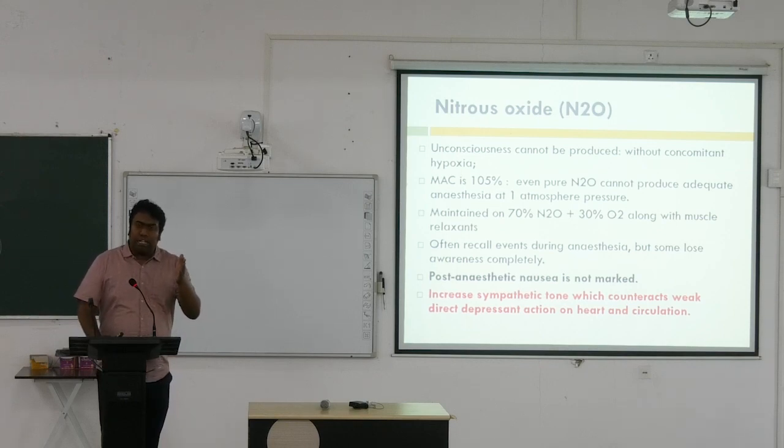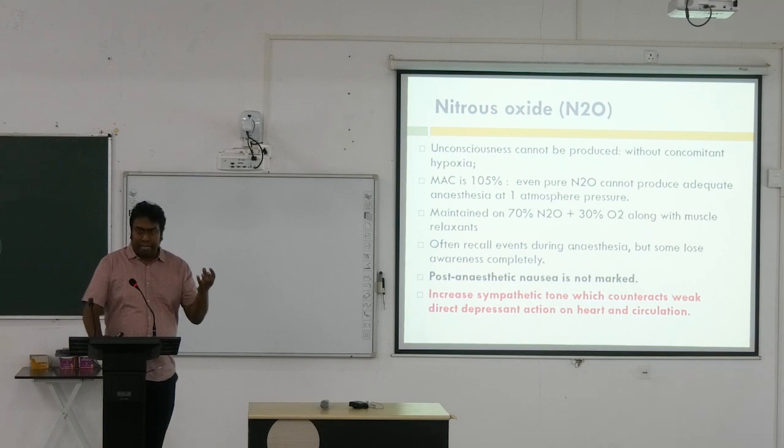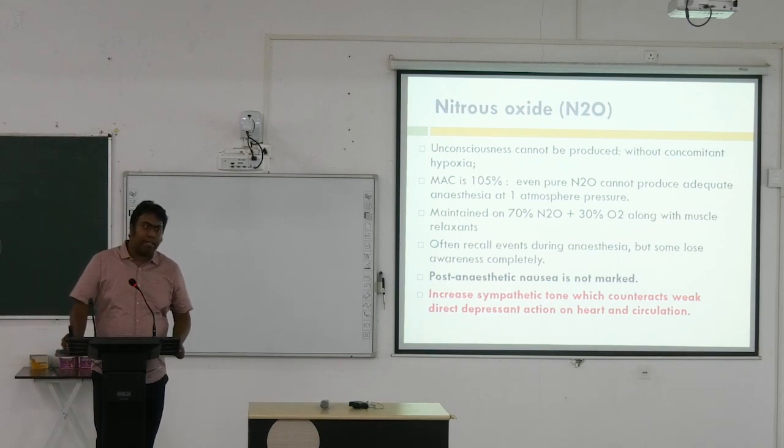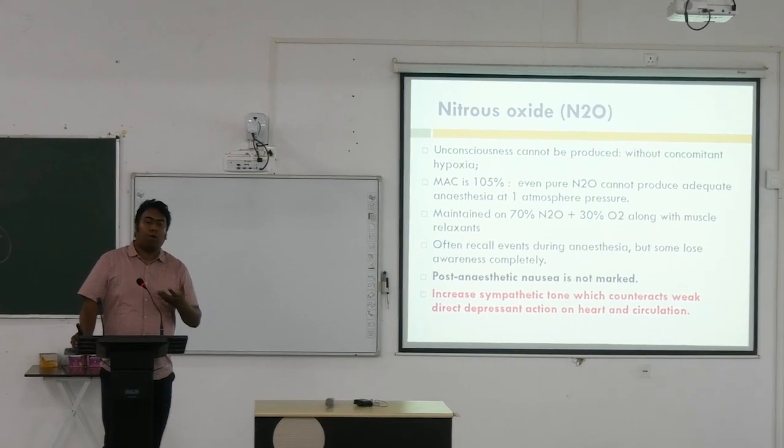It is called the second gas effect. By help of nitrous oxide, though nitrous oxide is not a very potent drug, it helps to carry the other gaseous general anesthetics into the systemic circulation and brain. That is the second gas effect. And when we disconnect the system, as nitrous oxide is very less soluble in the blood, it comes out and occupies all the alveoli.